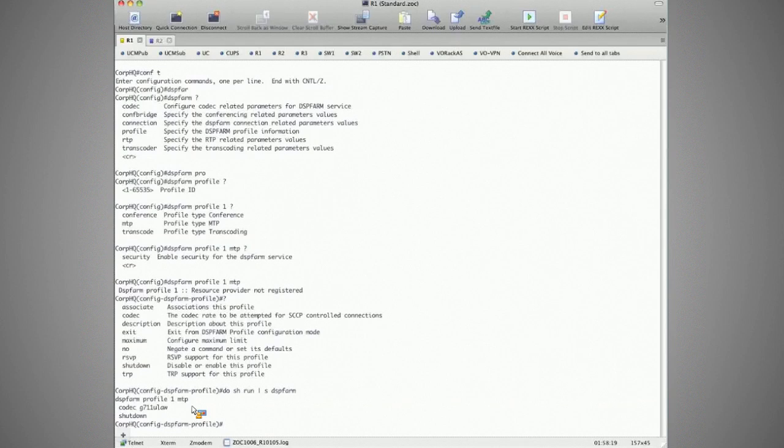We call it transcoding because they are codecs. Codec being co and dec, compress and decompress.